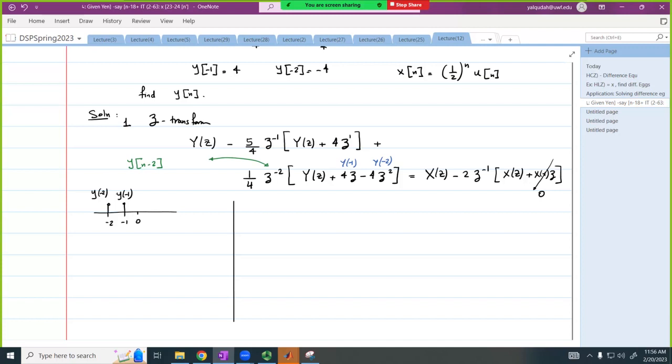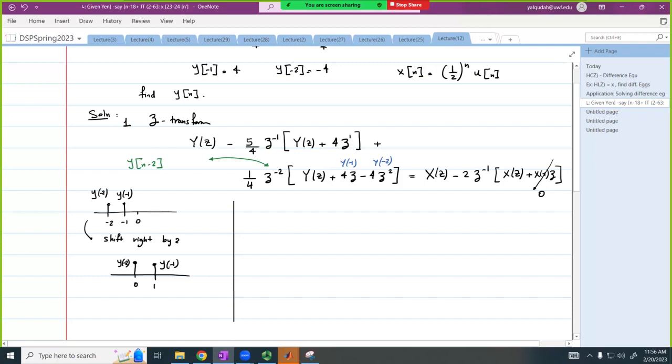Now what am I doing here? I'm taking y of n minus 2. What is y of n minus 2? It means I'm shifting y to the right by 2. So if I take these initial conditions and shift them to the right by 2, what am I going to get? At 0, I'm going to get y of -2, and at 1, I'm going to get y of -1.